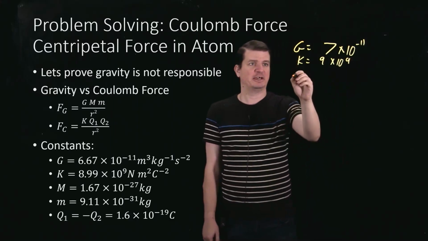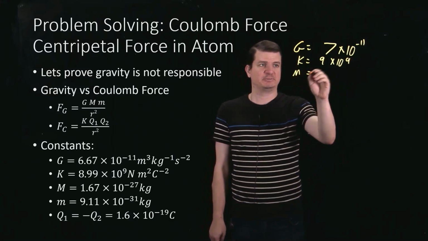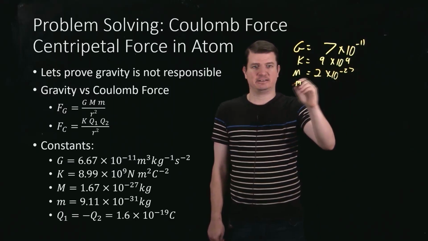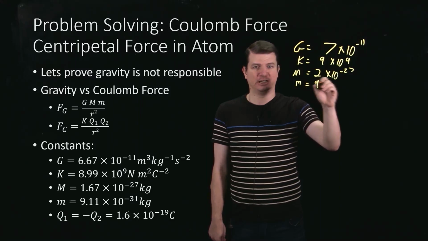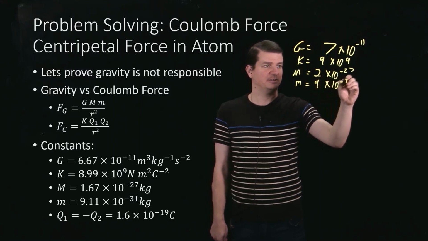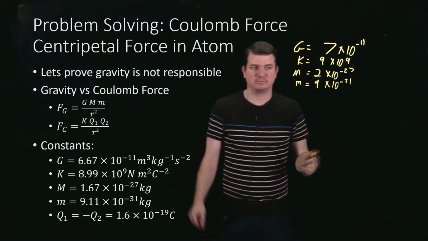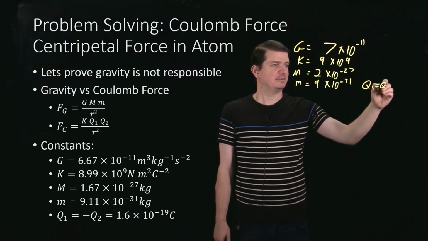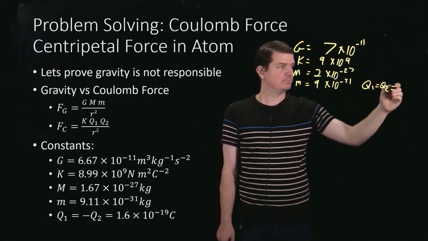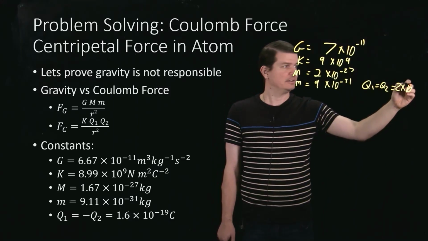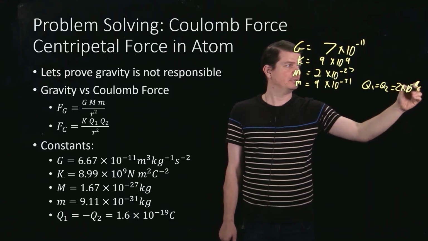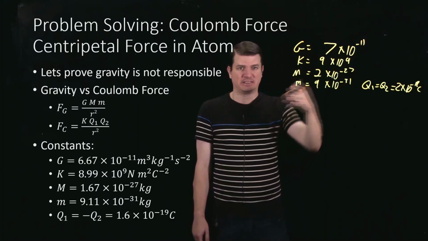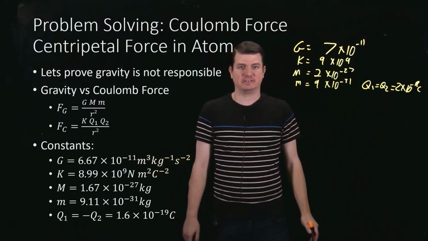The mass of the proton is basically 2 times 10 to the negative 27, and the mass of the electron we'll just leave at 9 times 10 to the minus 31. The charges, in terms of magnitude anyway, are the same, and we'll just call them, again, 2 times 10 to the negative 19 coulombs. So that's what we're going to use instead of the exact values.